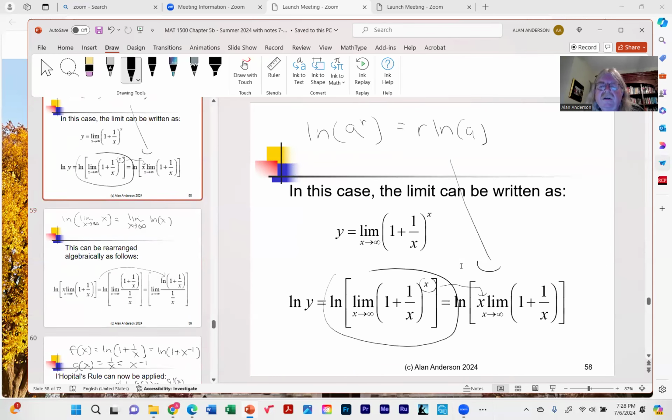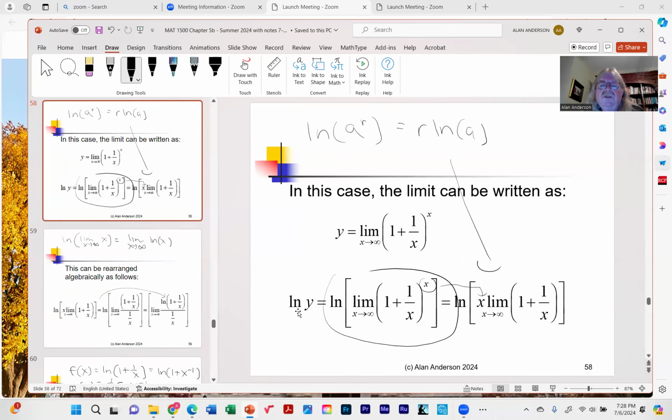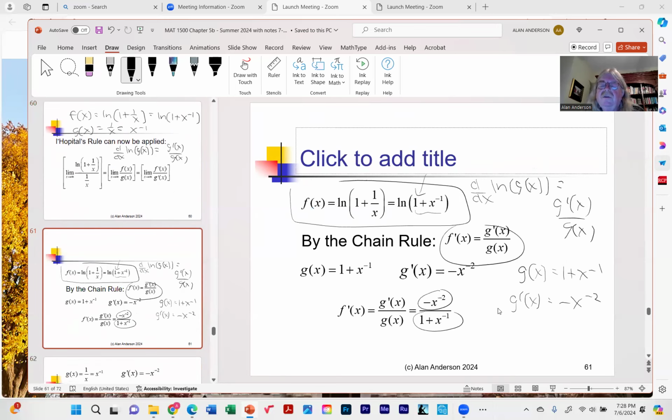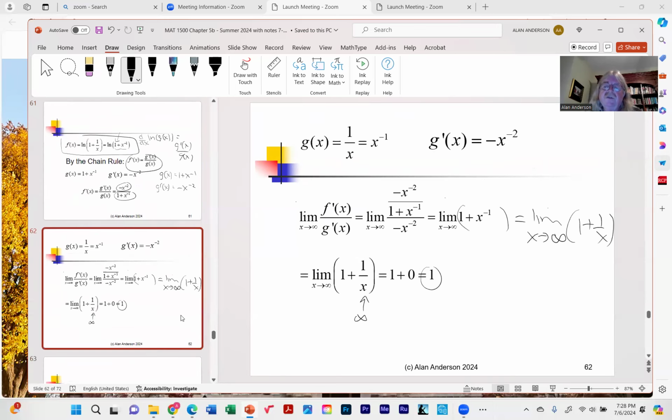Going way, way back here, we saw that the log of y equals this. Okay, great. So we used L'Hopital's rule, and what we've just shown is that log of y equals 1.